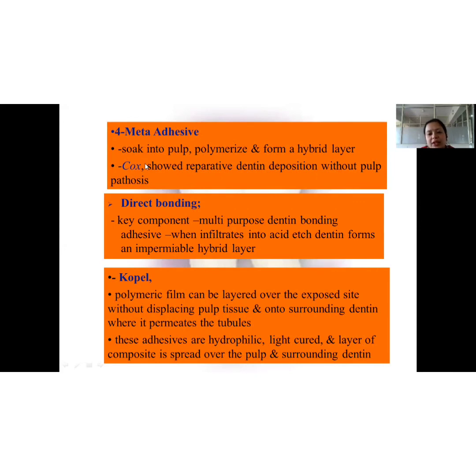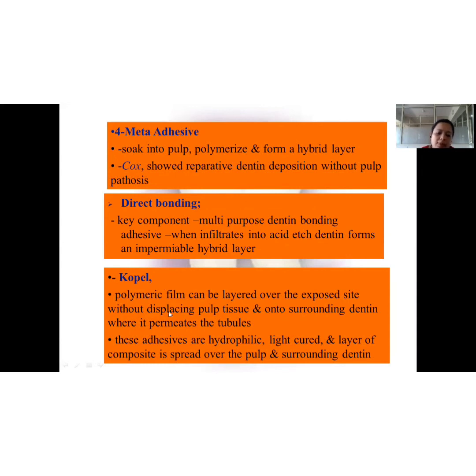We can also use adhesives, such as 4-META adhesive, which soaks into the pulp, polymerizes and forms a hybrid layer. Koch showed reparative dentin deposition without pulp pathosis. Direct bonding can also be done. The key component is multipurpose dentin bonding adhesive, which infiltrates into acid-etched dentin and forms an impermeable layer over it.